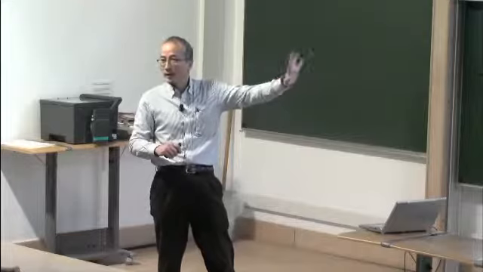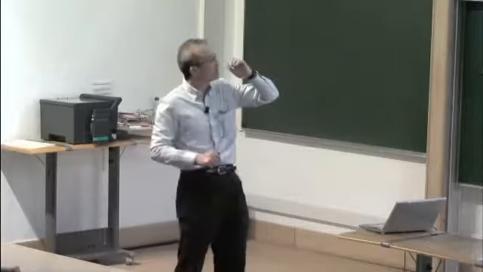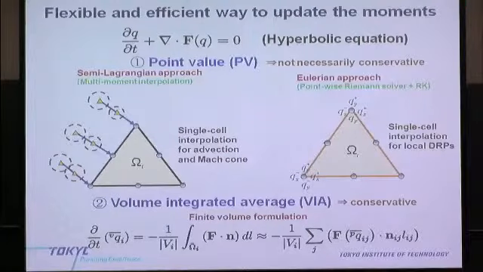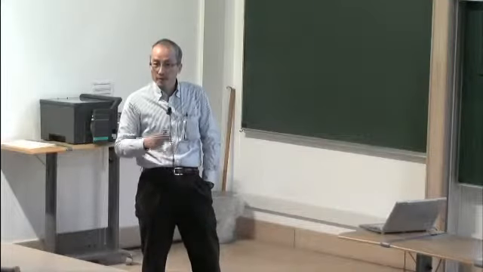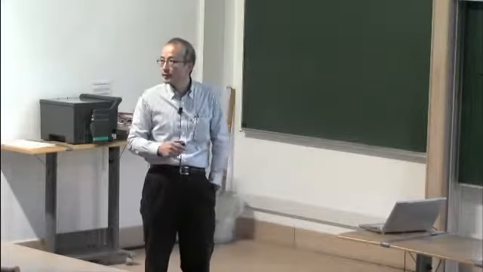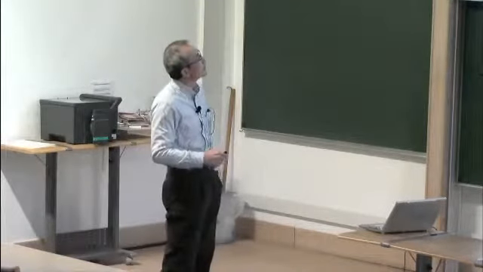Okay, what can we get from this multi-moment formulation? First, we can make the updating process very flexible and very efficient. For example, in this case, we can update the point value by a semi-Lagrangian approach, which has been very popular in the meteorological modeling society.